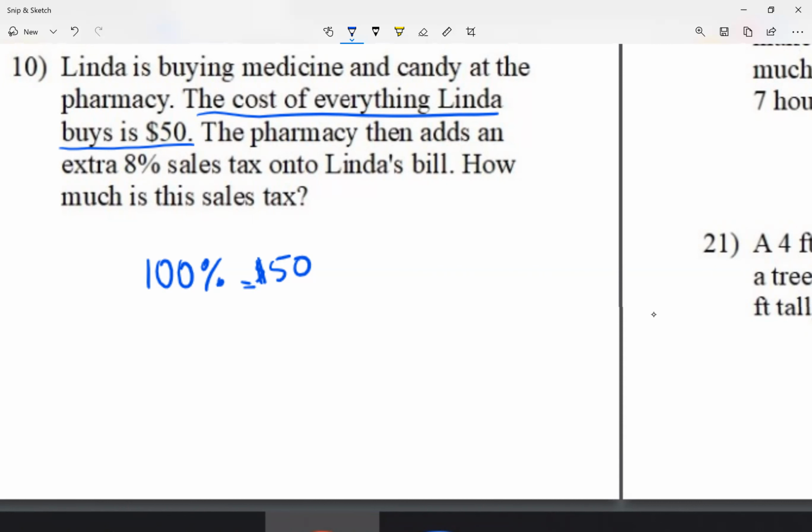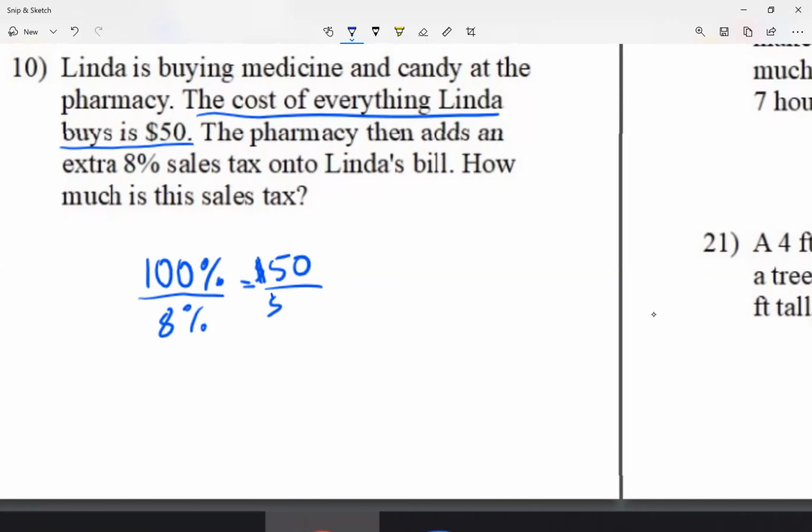So I'm going to make this into a proportion. We're going to say 8% is equal to X dollars. I don't know how much money it is, so I'm going to call it X. Notice I kept percent with percent and dollars with dollars. The percent symbols cancel out, the dollar symbols cancel out.